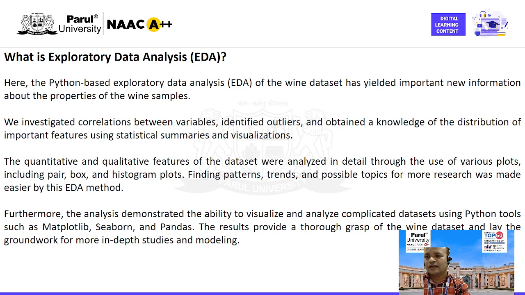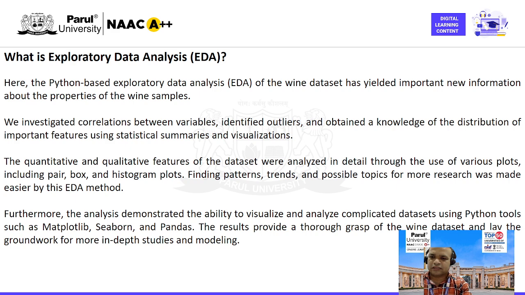Here, the Python based exploratory data analysis of the red wine dataset has yielded important new information about the properties of the wine samples along with some features. We investigated the correlations between all of the variables, identified outliers, and obtained knowledge of the distribution of important features using statistical summaries and visualization.